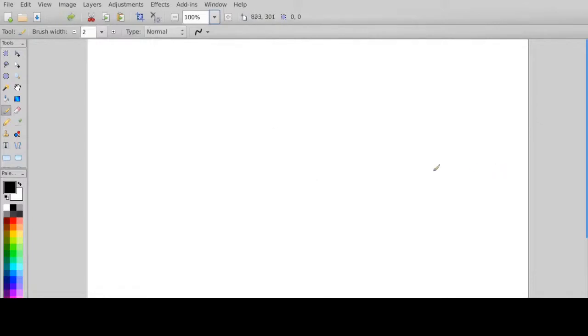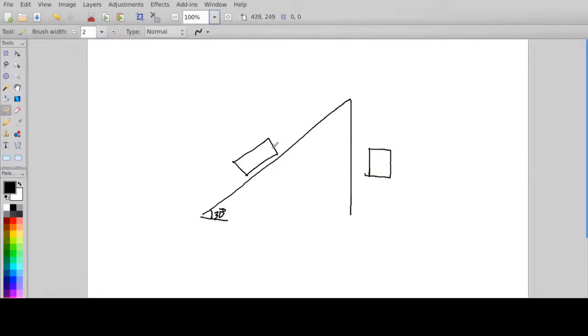Okay, the situation is this. We have this situation here, and this angle in here is 30 degrees like that. All right, and you've got the 13 kilogram box here like this, and here's the 6 kilogram box off the end here like that, and here's a string which comes around like that and goes around a pulley here that's holding it in place.